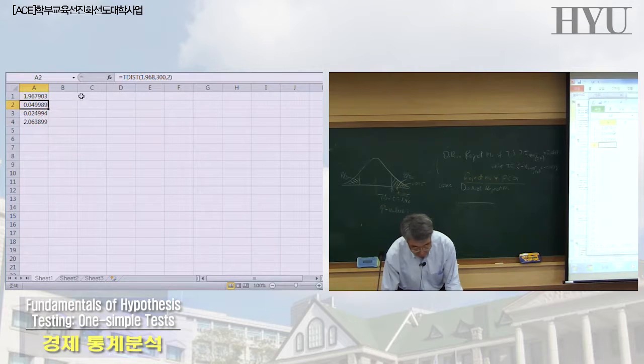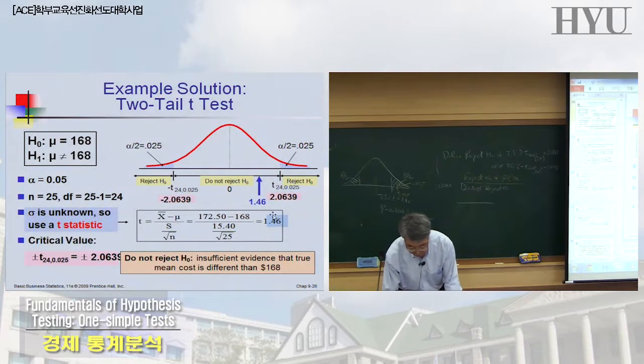Or if you're looking for the p-value, then you can look into your test statistic. So here, for example, our test statistic was 1.46, and we are running a two-tailed test.